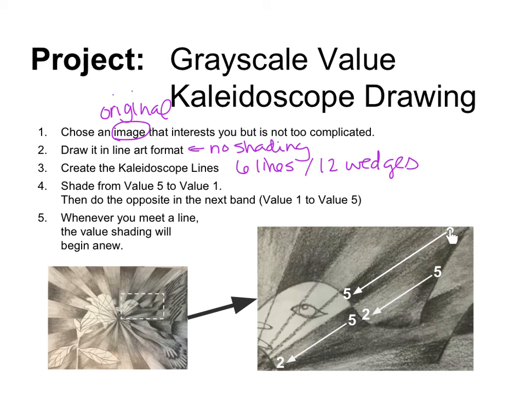The band is going to be the opposite way, the next one over, and so this would be from dark to light when that's rendered in. You have to look at where you're going with your shading. Now, they don't get down to a 1. They get to about a 2 here. So you can decide if you want to go all the way to white. I think going to 2 is fine. You need to go as light as possible, but this lets you see the overview of how it's going to be.